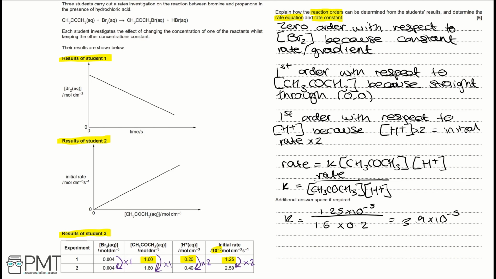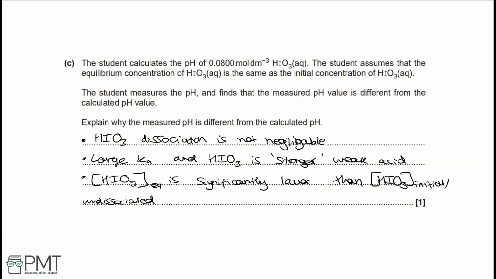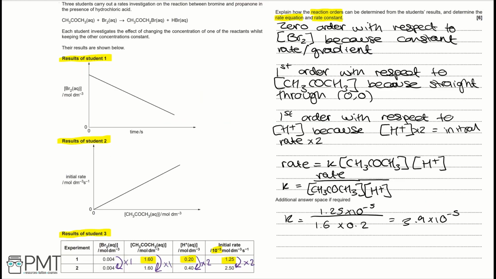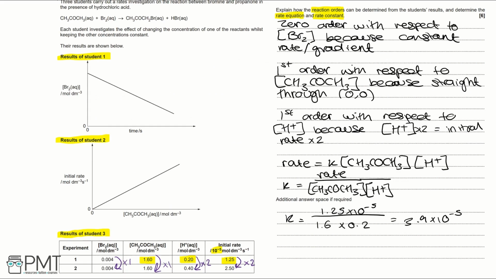Now we need to look at finding units. The units we would have are mol dm^-3 s^-1, divided by mol dm^-3 times mol dm^-3.